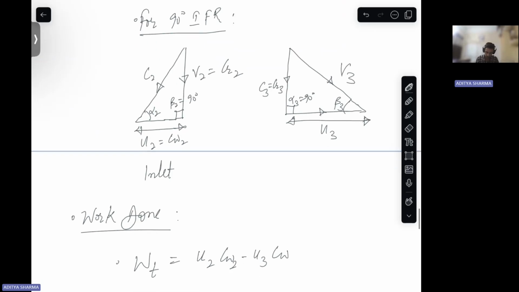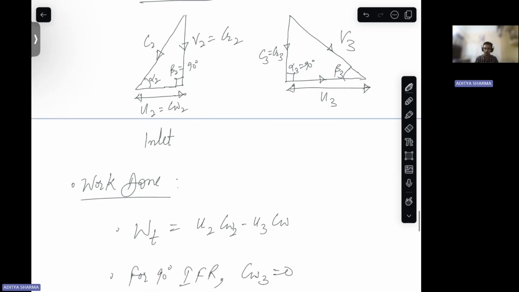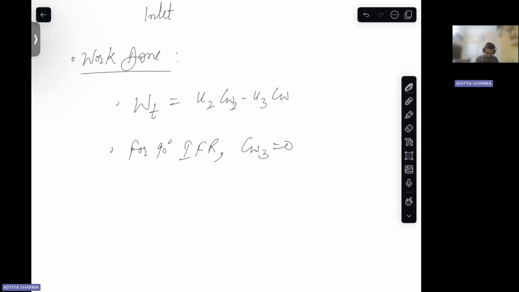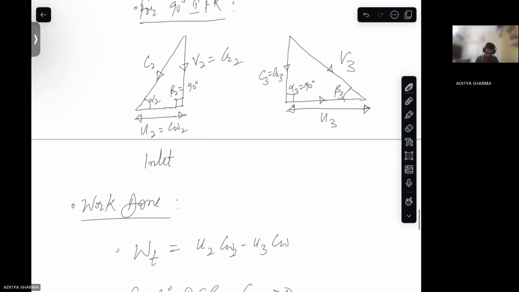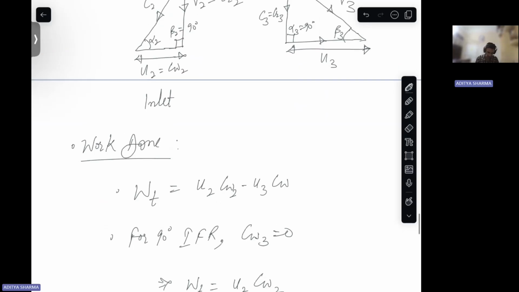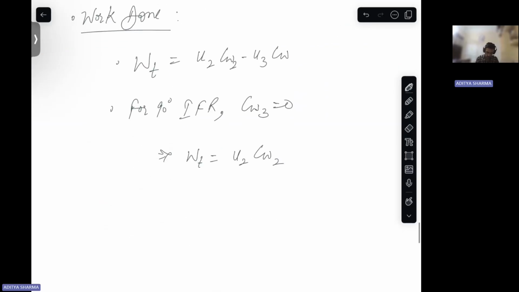We have seen this. Okay. Only in radial direction flow is there. Then it implies WT is equal to U2 CW2. Okay. And CW2 is equal to U2. So it becomes U2 square. All right. So this is your radial flow turbine.